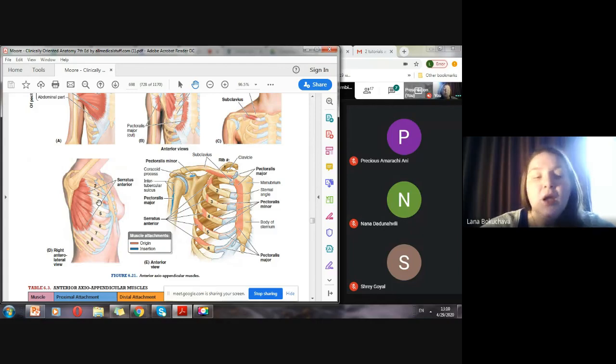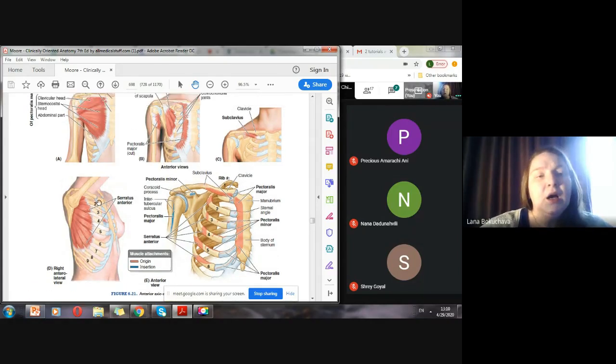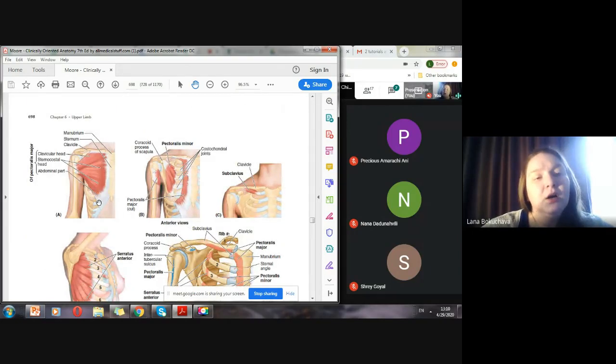So in the case of the pectoralis major muscle, that's what you can see here. That's what we most commonly call pecs, or chest muscles, although they look like muscles of the chest.